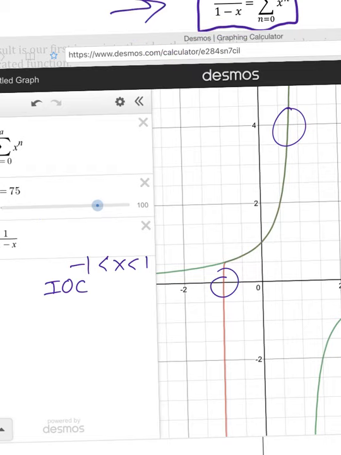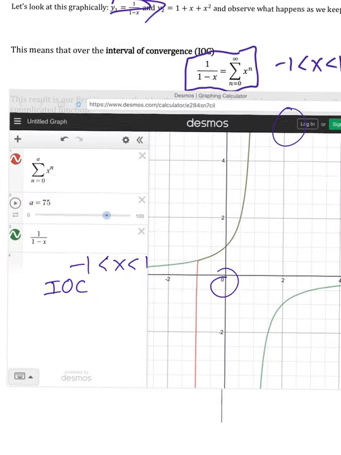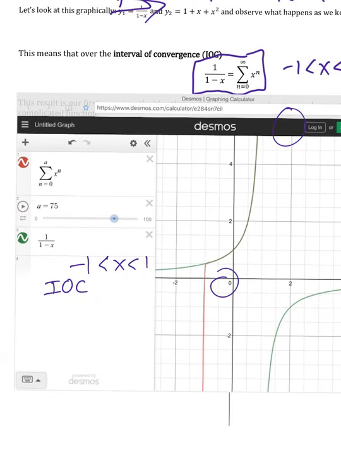I don't know if you stopped to really realize what we're saying here. We're saying that over this particular interval of convergence, from -1 to 1, this polynomial series is actually equal to this function, for x values between -1 and 1.